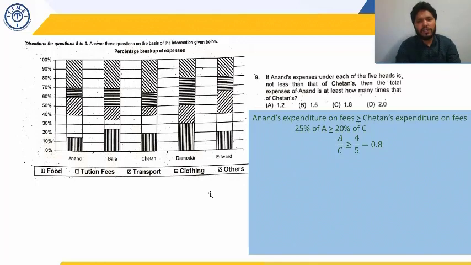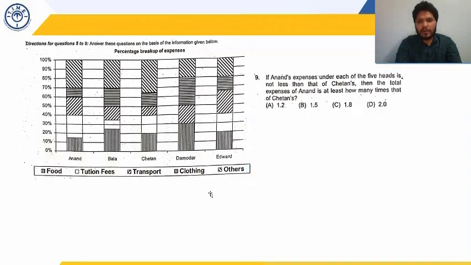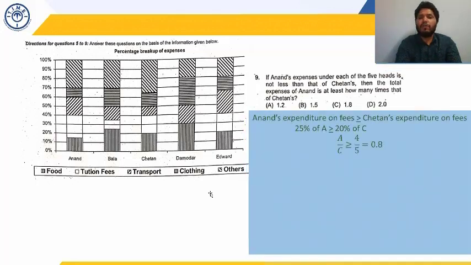But this is not helpful in this case. Why? Because from the earlier food one, we have concluded that Anand's expenditure should be at least 1.33 times C. Then only is Anand's expense on food going to be greater than or equal to Chetan's expense on food. So the answer has to be greater than or equal to 1.33. So obviously choice A could not be the answer, and this 0.8 is not going to benefit us in any way, because anything less than 1.33 is not useful now.